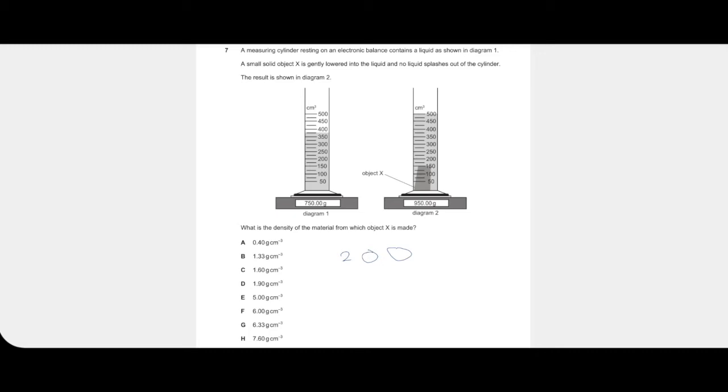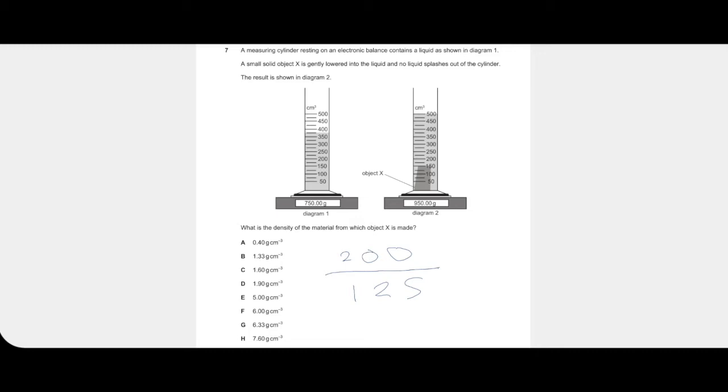Now we're going to subtract the two to get the volume of object X. So 500 minus 375 is equal to 125 milliliters or centimeters cubed. So now that we have our two variables, 200 and 125, we're just going to input them into our equation of density, which is mass 200 over volume 125, and that is your density.